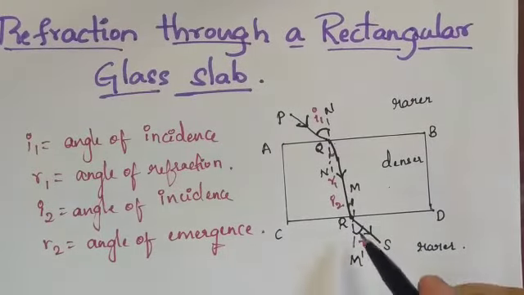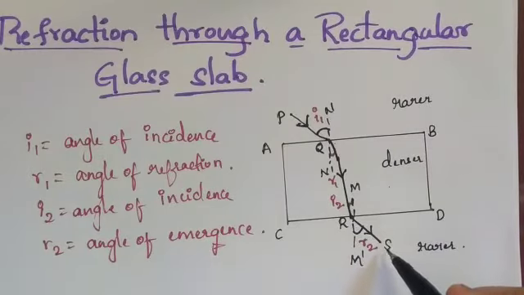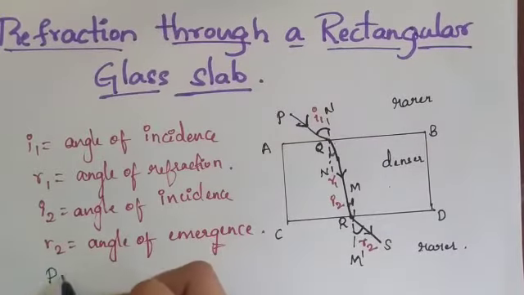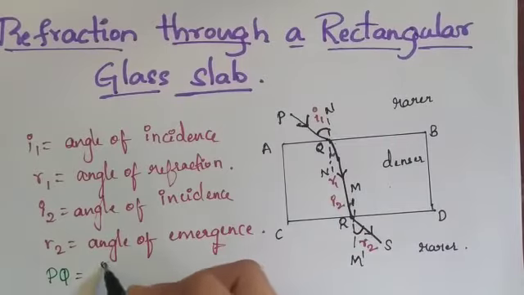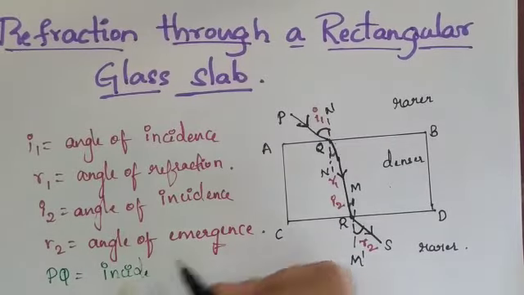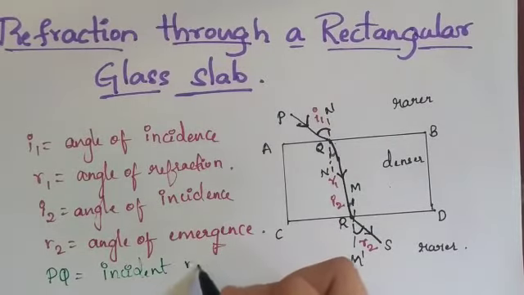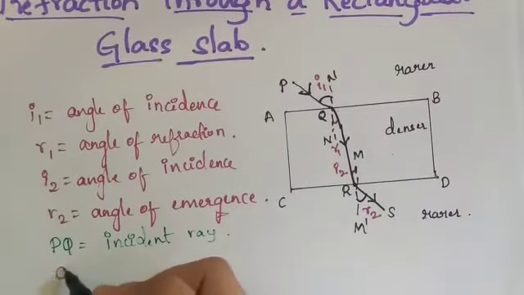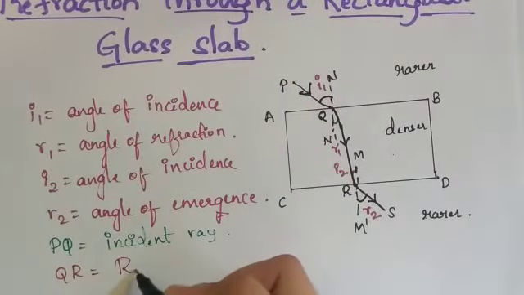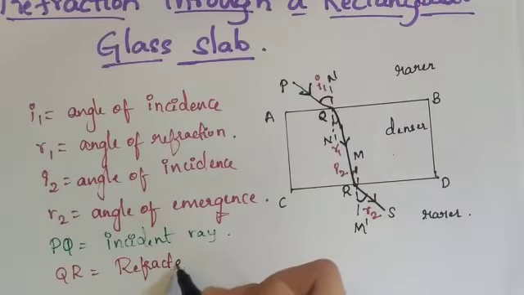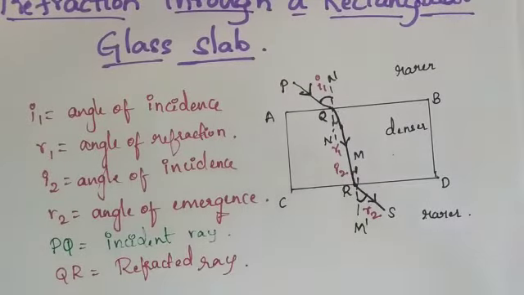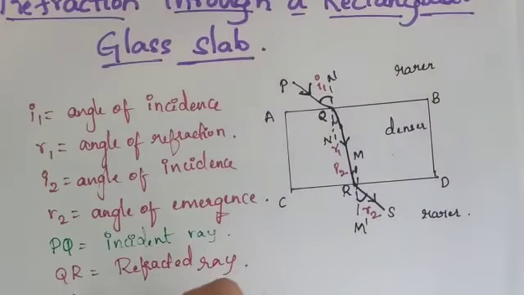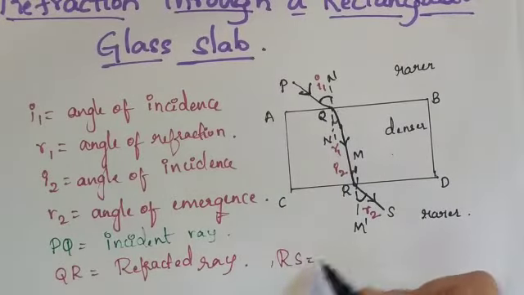PQ is called the incident ray, QR is denoted as the refracted ray, and RS is denoted as the emergent ray.